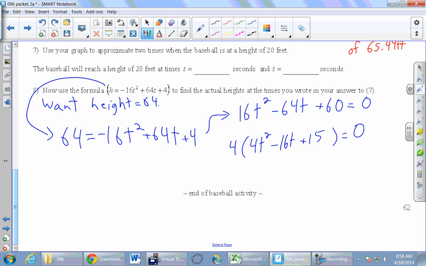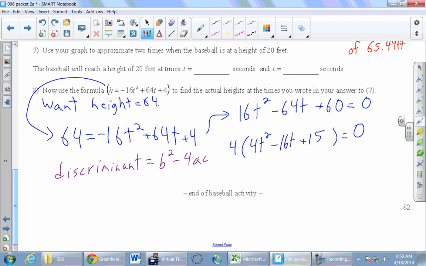One option you might consider is something that we looked at last class. You guys remember the discriminant? What's the formula for the discriminant? B squared minus 4ac.